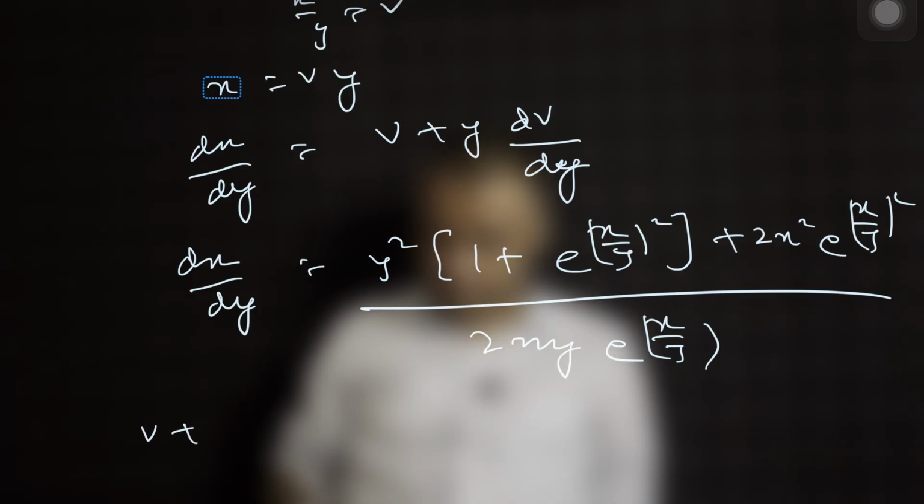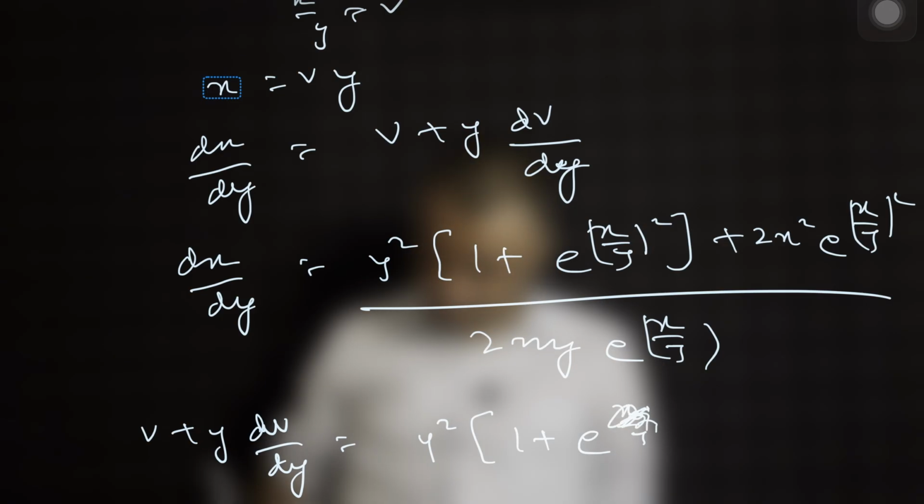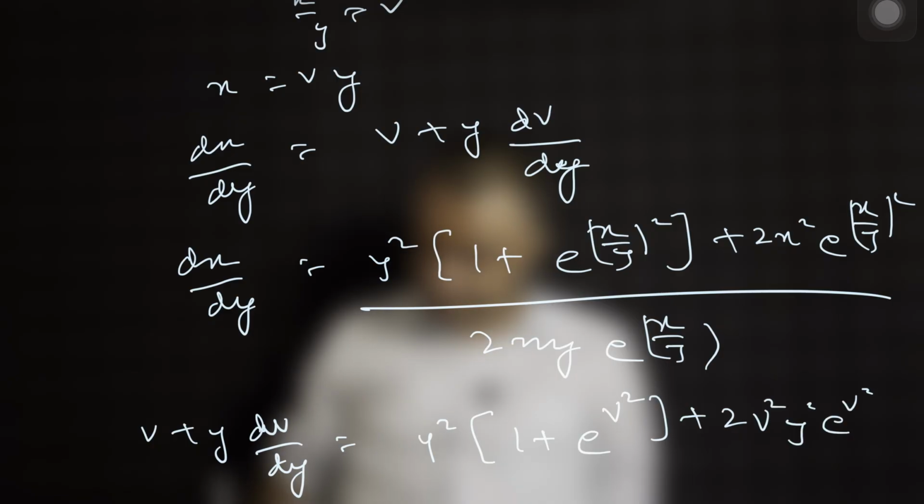So, this is v plus y dv by dy, and y square is written as it is, 1 plus e to the power x by y would be written as v. It can be written as v square plus 2 v square y square e^(v square) upon 2 into vy into y.